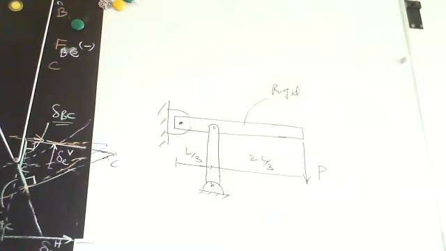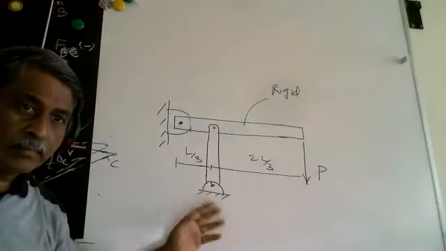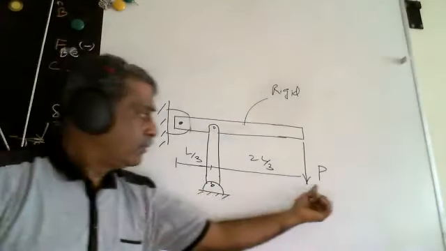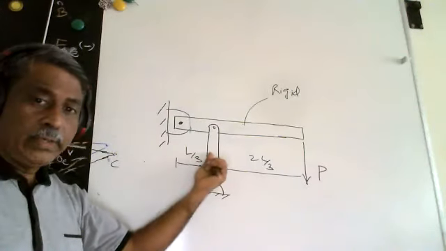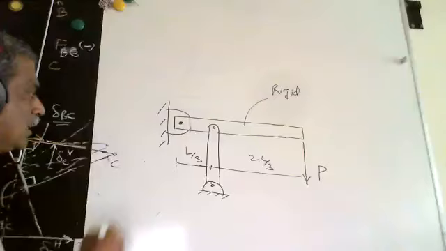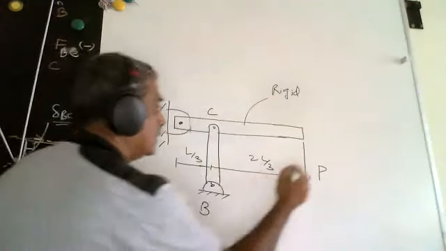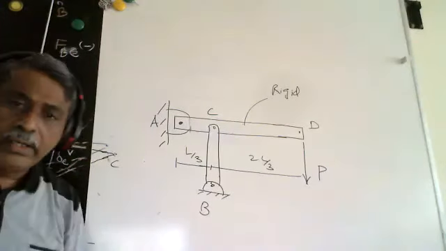Are you able to see this properly? Say yes or no so that I can continue. All right. Now, when I apply this force P, and if I seek to find out the force in this member, let's name it A, B, C, and D. How do I go about doing it?